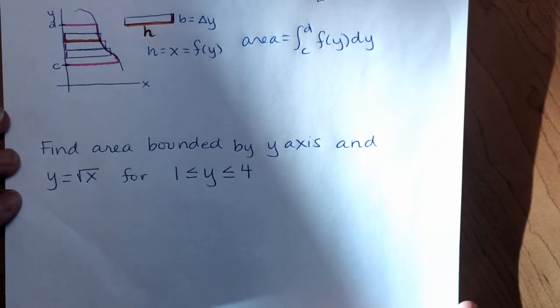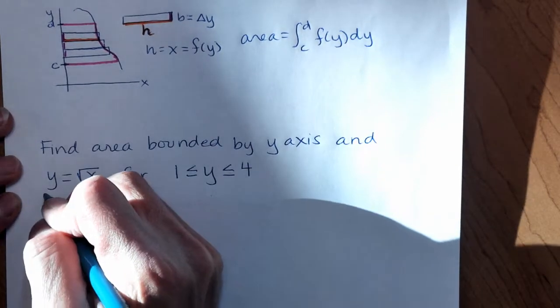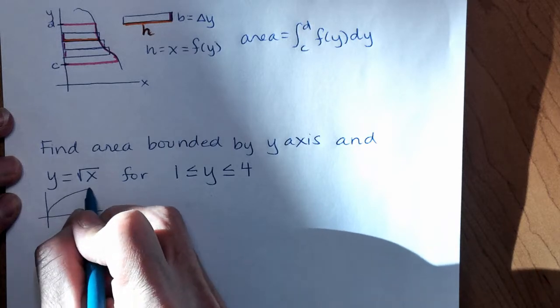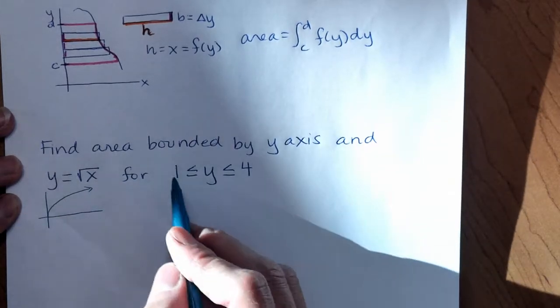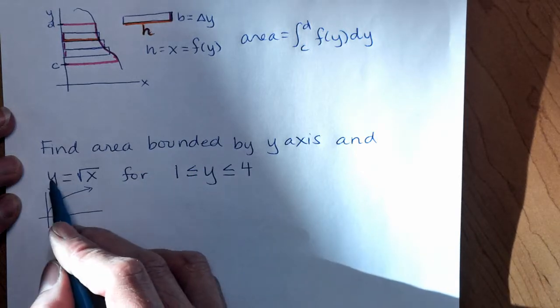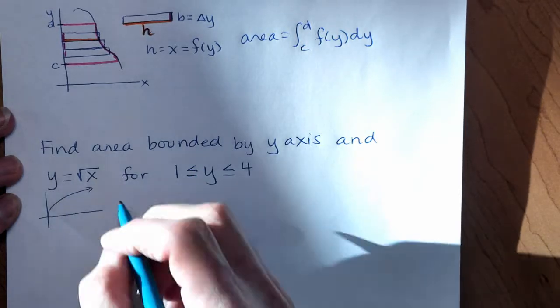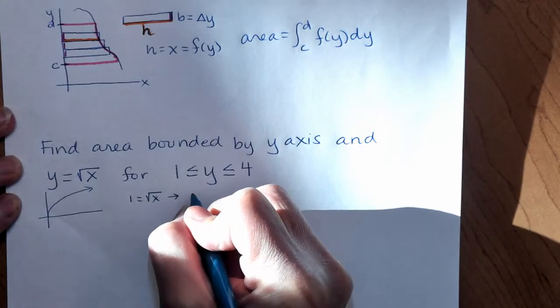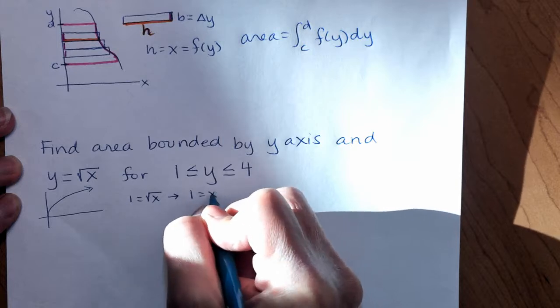So let's draw a picture of this. We know that a square root function looks like this. Let me get some specific values. When y is 1, x is also 1. 1 equals the square root of x. If I square both sides, I get 1 equals x.